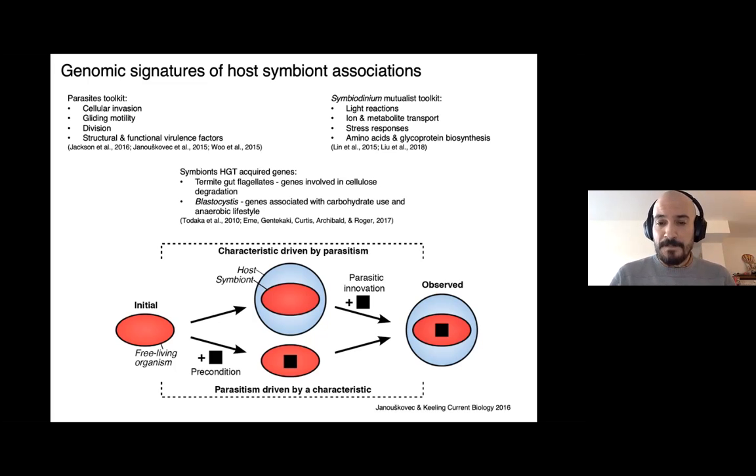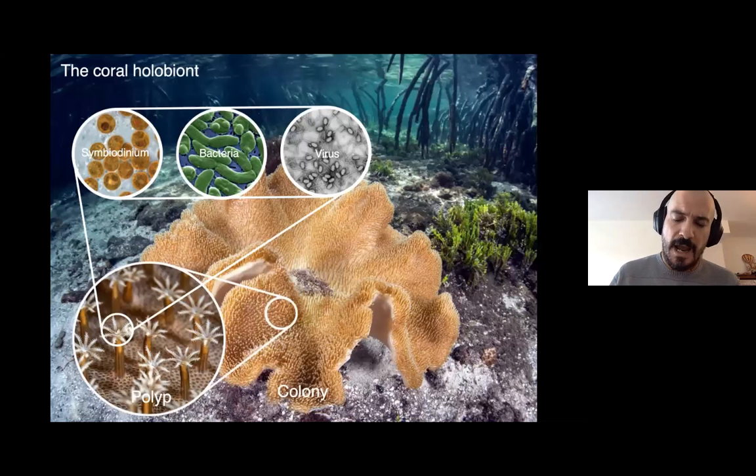So basically, some of this genetic toolkit that is already available in a free-living lifestyle can be adapted to the parasitic or the mutualistic lifestyle, making this concept of continuum even more relevant.